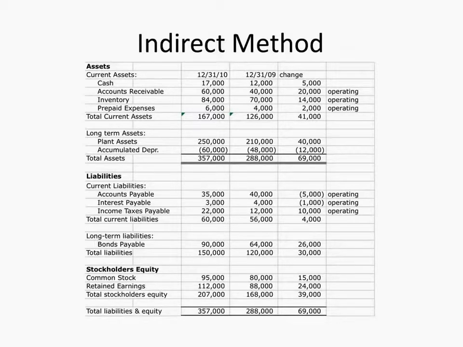Look at the net income number, put that at the top of your operating section, and then pull up your balance sheet. This is important procedurally so that you don't get confused.